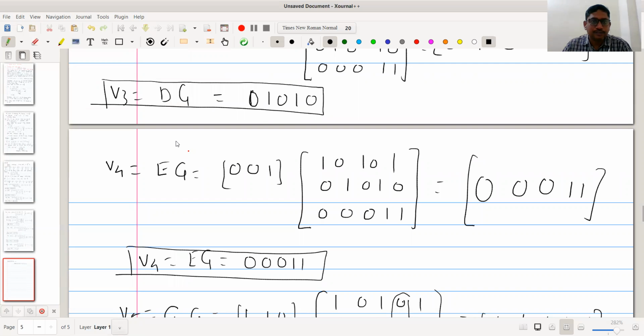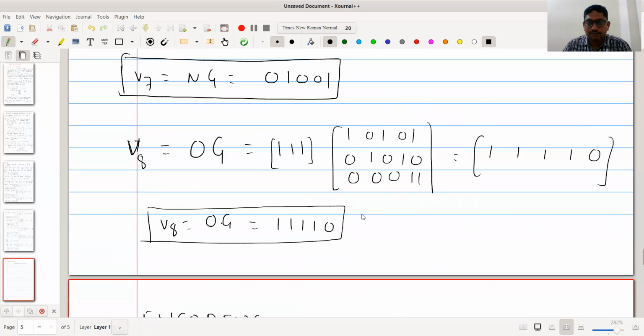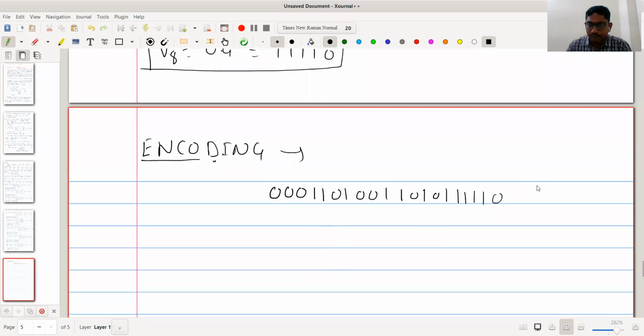For D, it is V3, which is 01010. You are writing 5 bits. This is for E, N, C, O, D.